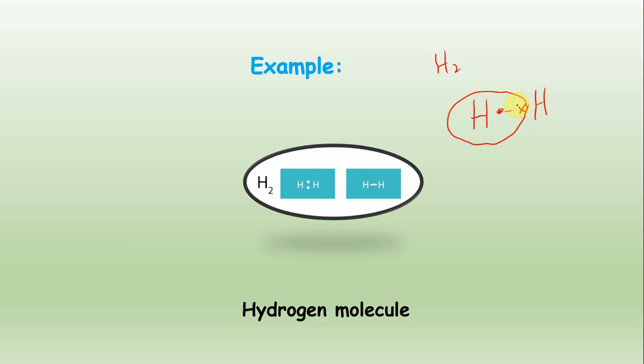Now there are 2 electrons for this hydrogen, and also 2 electrons for this hydrogen. In this way they share, and then they complete their duplet. So this will be written in this way: hydrogen single covalent bond, because there is a sharing of one electron by each atom. So this is called the single covalent bond.